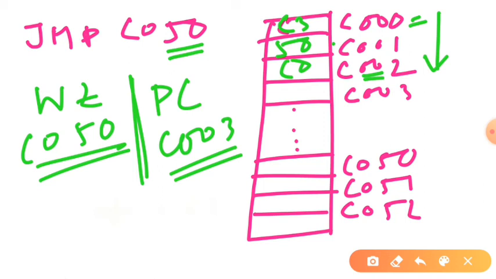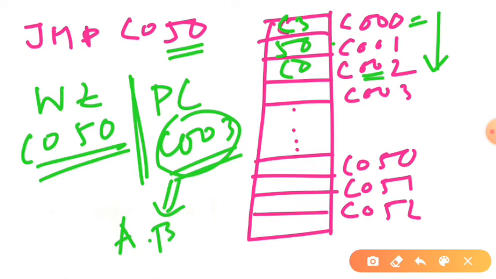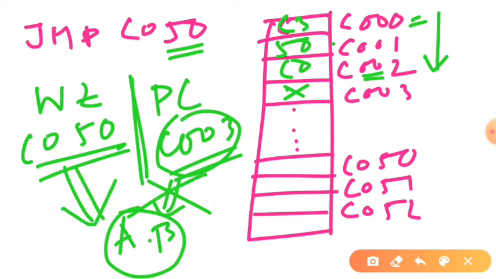The program counter's content will not be placed on the address bus. So now the next instruction will not be fetched from the memory location C003. Why? Because the program counter's content is not allowed to be placed on the address bus. Rather, the content of the WZ register pair will now be placed on the address bus.